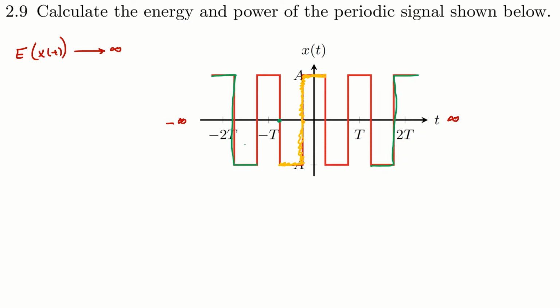Let's see the time at this point. The time at this point is minus 3T over 4, and the time here is T over 4, and the time at this point, where the signal crosses the t-axis, is minus T over 4.